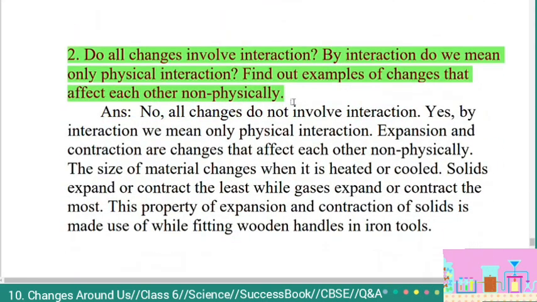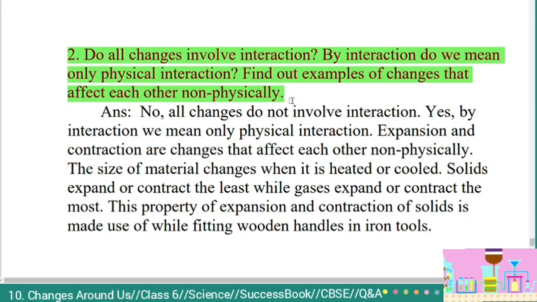So we see that energy may either be absorbed or given out during a change. Second question, do all changes involve interaction? By interaction, do we mean only physical interaction? Find out examples of changes that affect each other non-physically. Answer, no. All changes do not involve interaction.